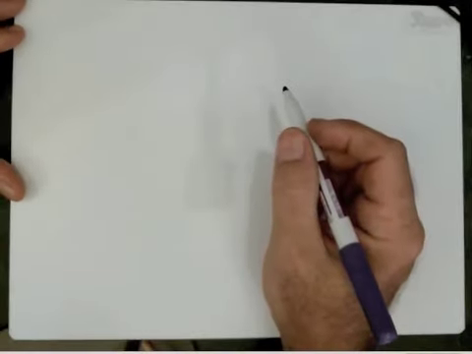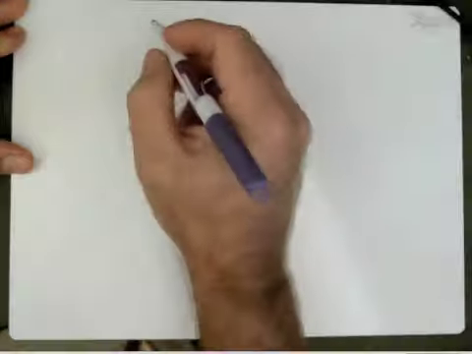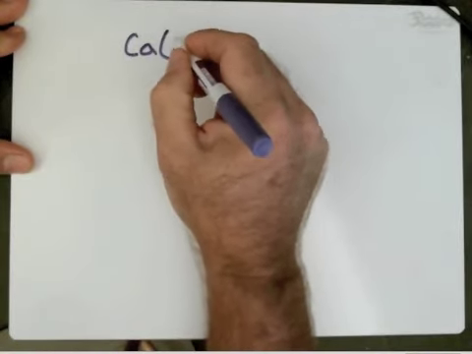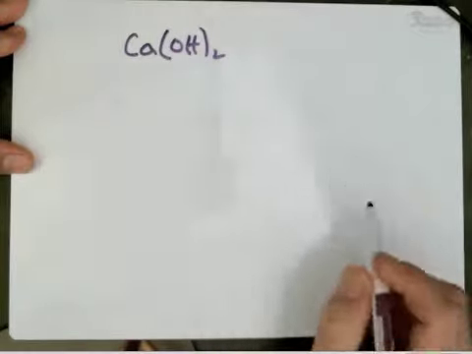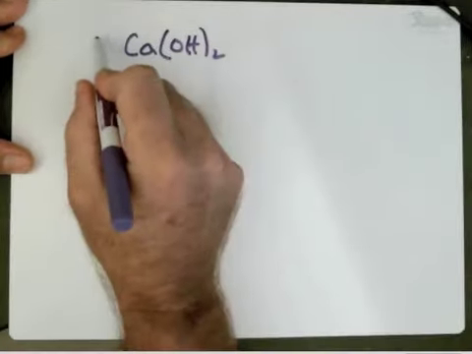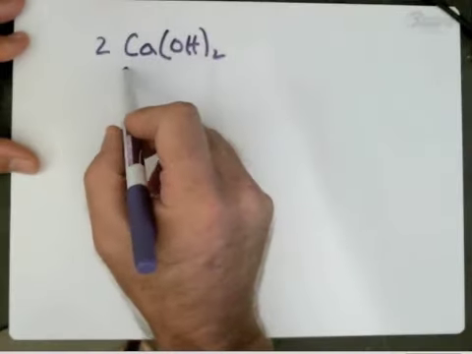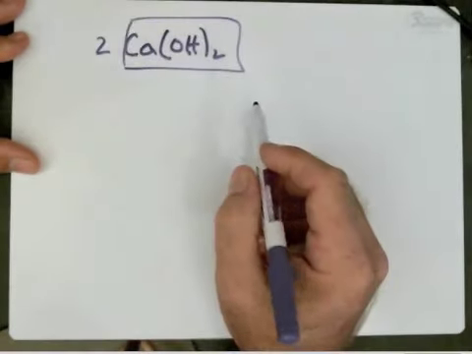Another thing you'll encounter when you're trying to balance equations is instead of subscripts, you might have something like this we've just talked about, where you have a subscript out here. You might have a number in front, which is called a coefficient. Now what that means is the entire thing happens twice.